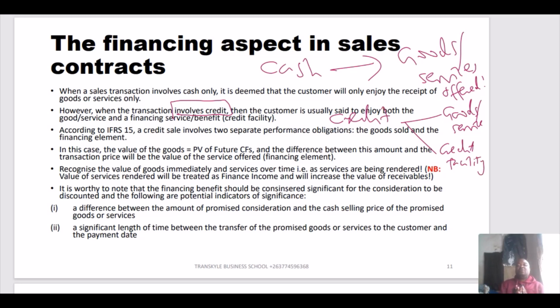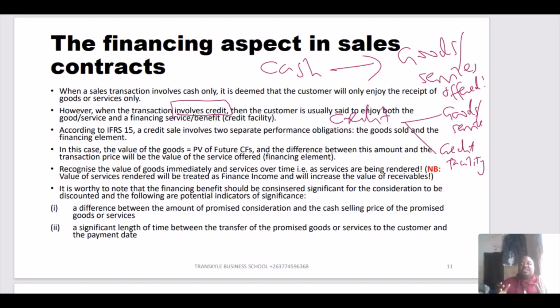The credit facility is what we call the financing component. They're being financed because they're enjoying the goods today, but they're going to pay tomorrow or sometime later.